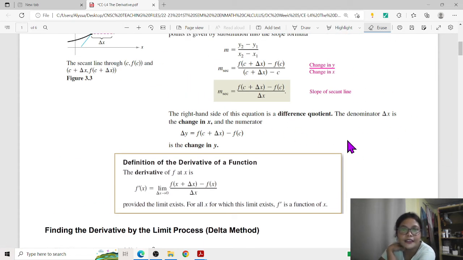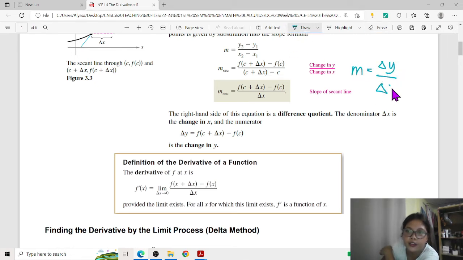The right-hand side of this equation is a difference quotient. The denominator delta x is change in x, and the numerator delta y is the change in y. So, ibig sabihin, ang m is a change in y with respect to x, where x is this one, retained, and then your y delta, ito ay, ang triangle is read as delta.